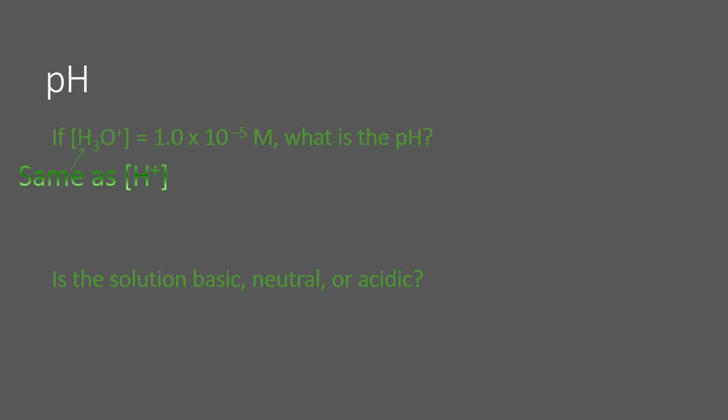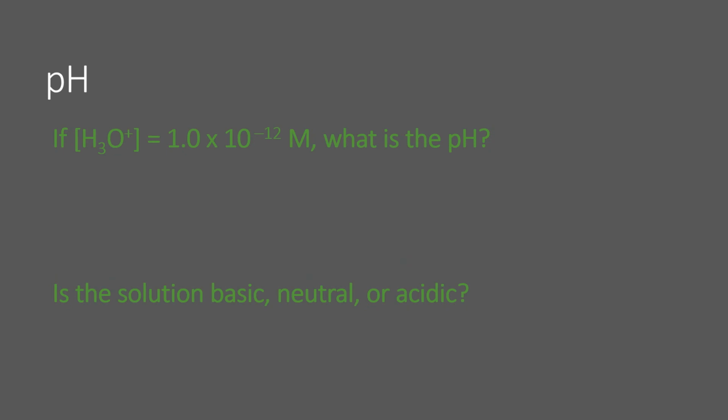Because I see that 1.0 is the coefficient, which is 1, the shortcut method can be used. So I simply take a look at my exponent, make it positive, and the pH ends up being 5. So the solution should be acidic because the pH value is less than 7.